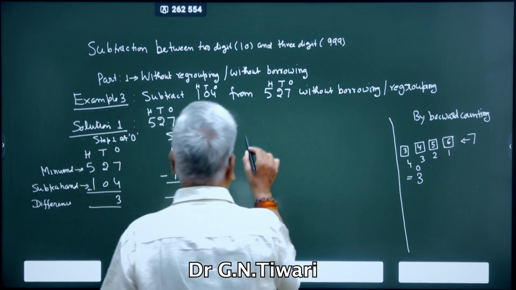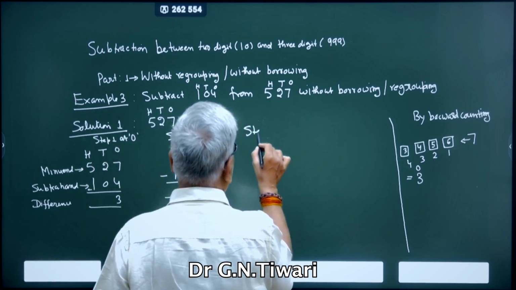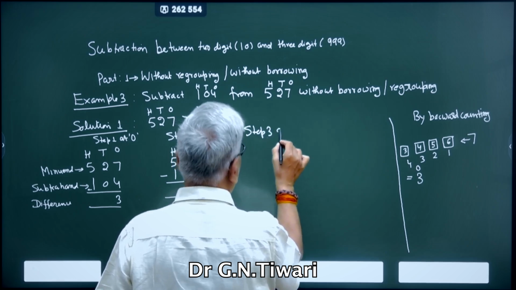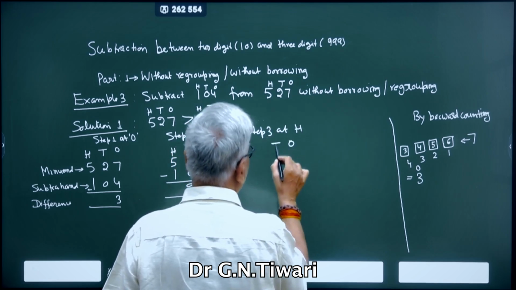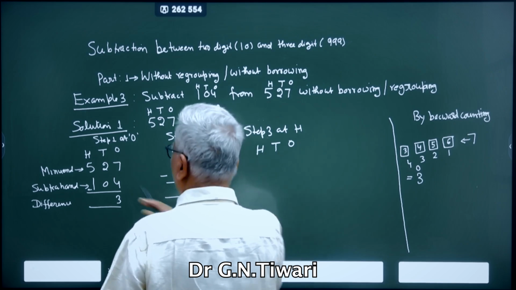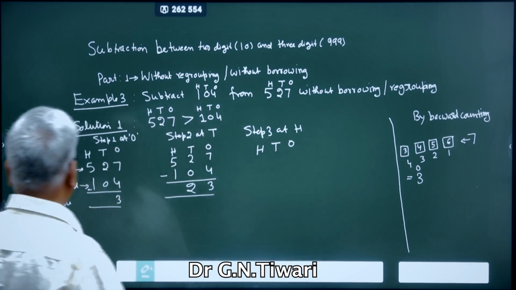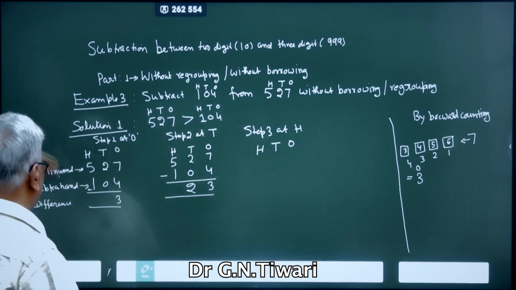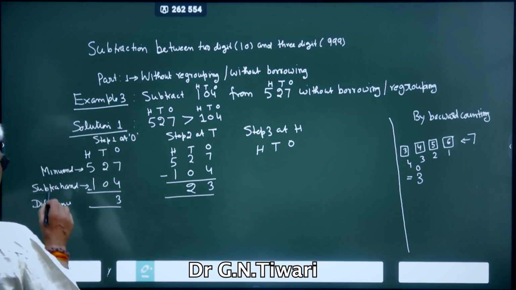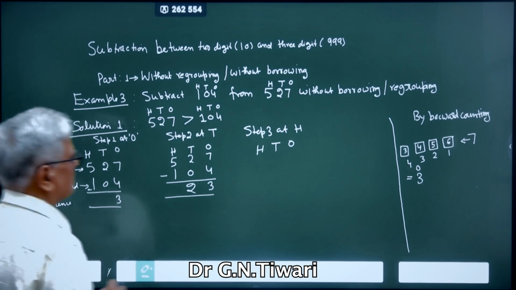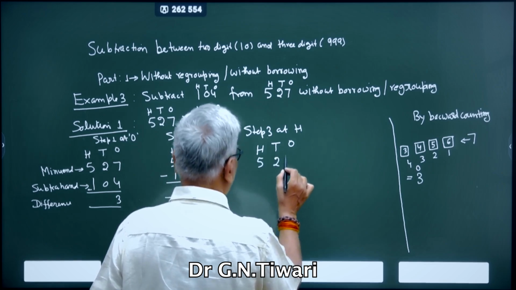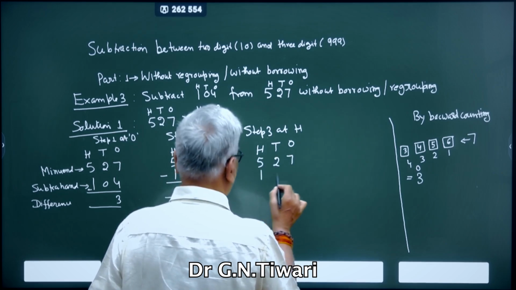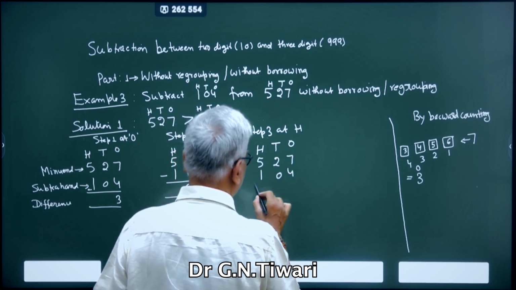Now step 3. At H. O T H. If you do like this, there is no repetition of minuend and the subtrahend. 5, 2, 7, 1, 0, 4.